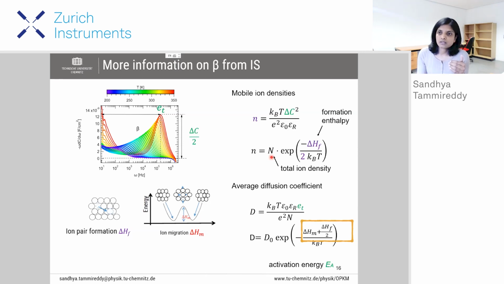But in perovskite, we are not sure whether the given material is n-type or p-type. So it's still debatable whether the polarity of the defect is positive or negative. So in order to solve this problem, we looked at the total ionic defect densities with respect to the stoichiometry of two different perovskites.